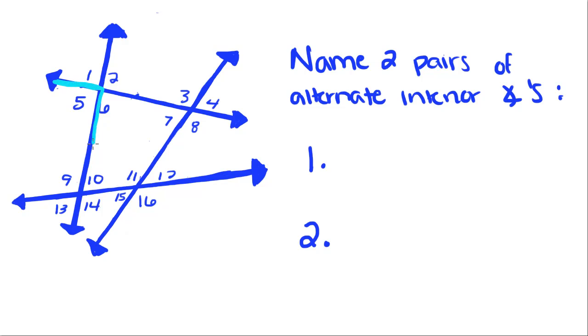We're going to go down and across. So that means that this angle and this angle are alternate interior angles. And we're going to do the same thing on this side.